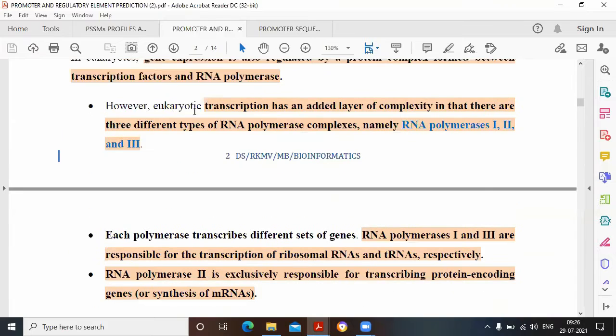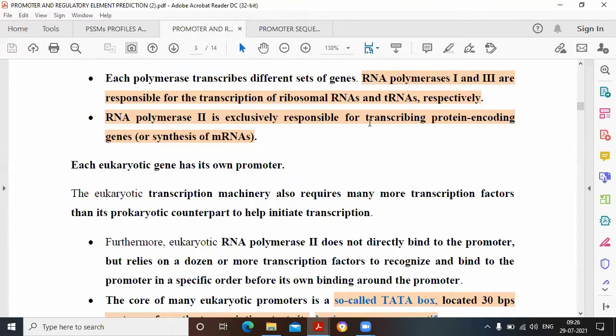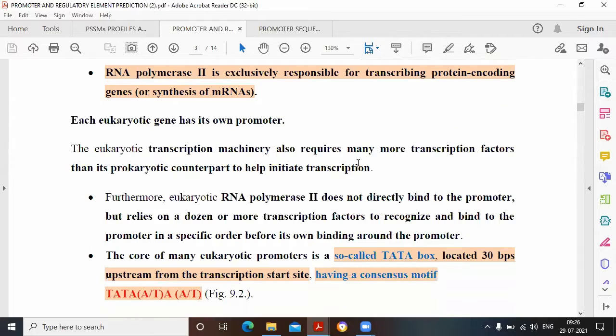So this is the first complexity we can see in the eukaryotic system: we have 3 different types of RNA polymerase enzyme, and all the RNA polymerases have different kinds of function. And of course, each eukaryotic gene has its own different type of promoter.